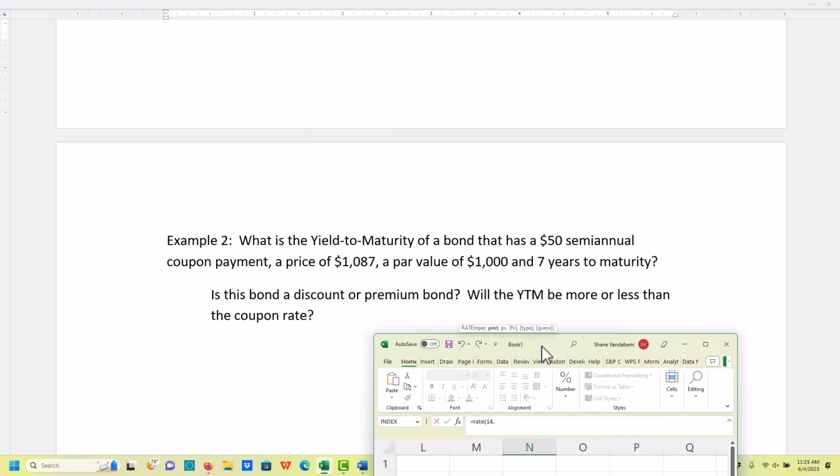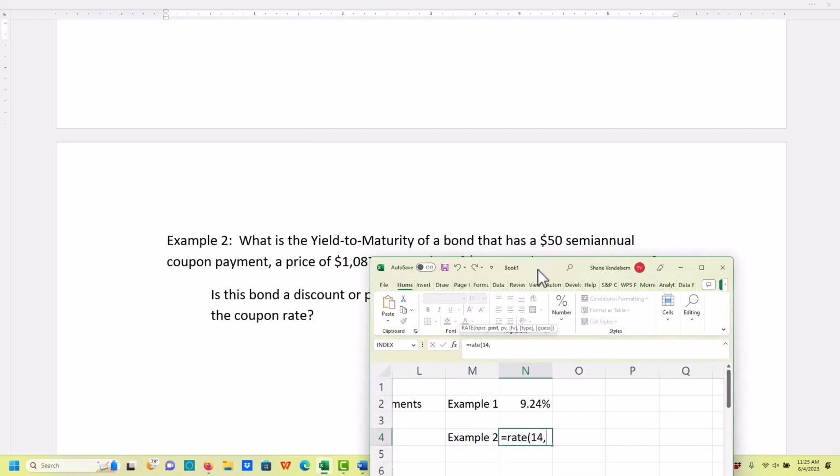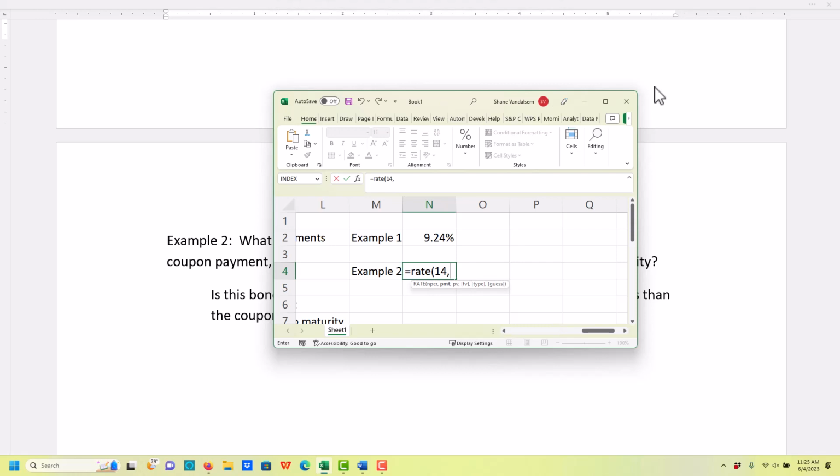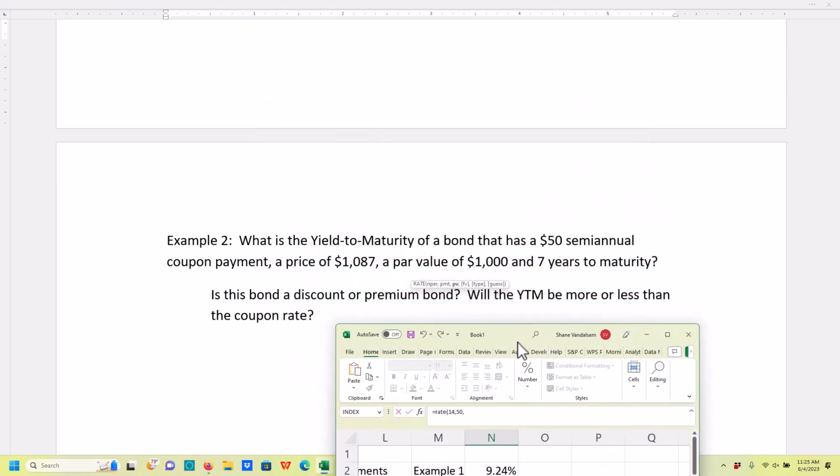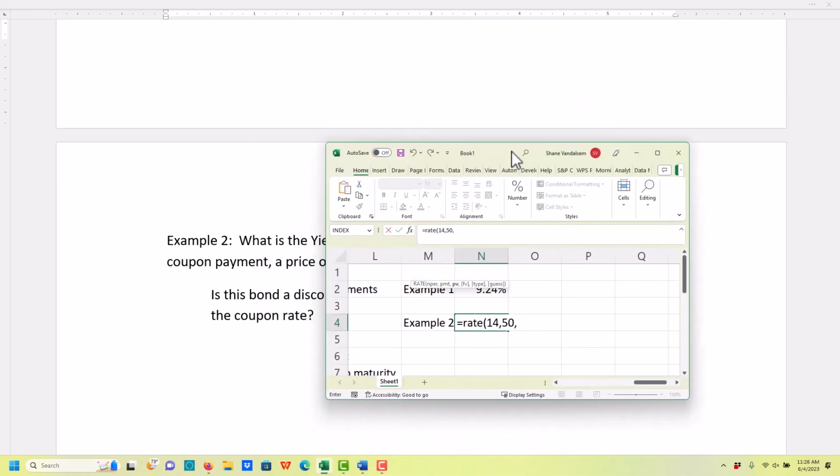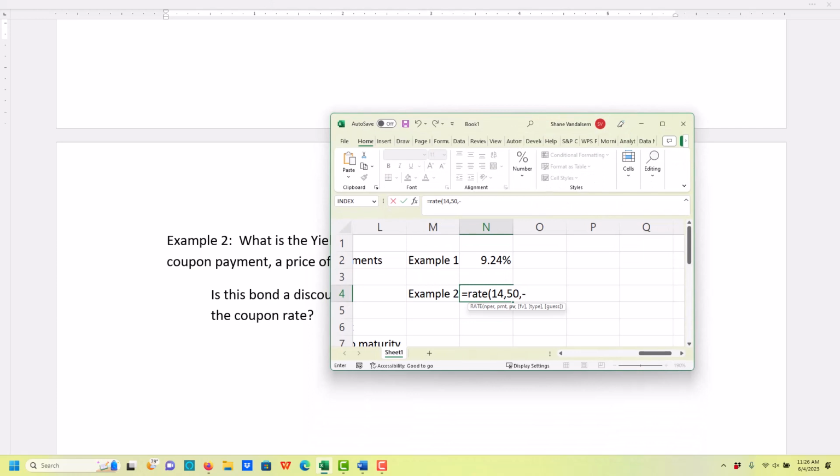My payment is equal to $50. My present value is equal to negative 1087. And my future value is 1,000.